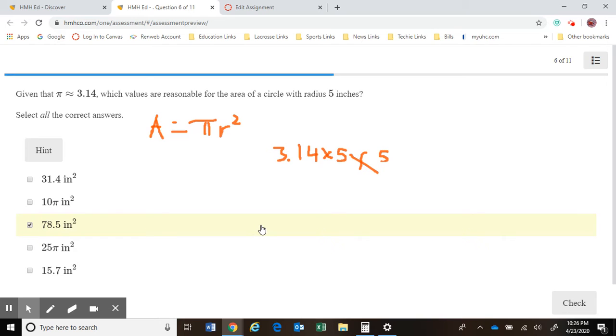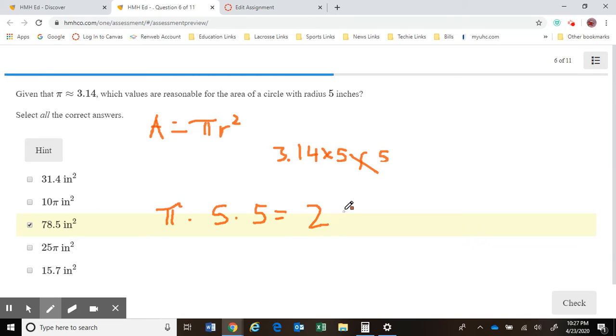Now, what's the other answer that's here? What if I didn't use 3.14 and instead left it in terms of pi? Then I would go pi times 5 times 5, like we just talked about.